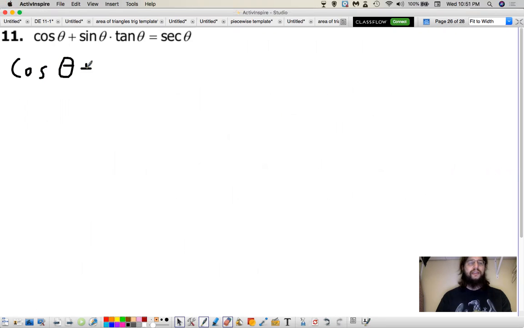Cosine of theta plus sine of theta times sine over cosine. I'm messing with the fractions, so make it fractions. Probably gonna do this in a minute, but not right now.